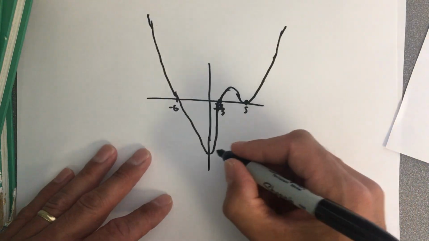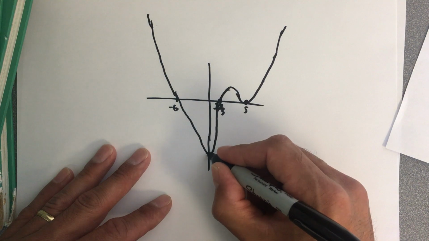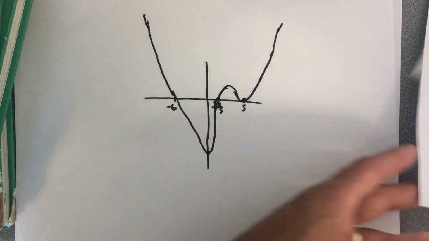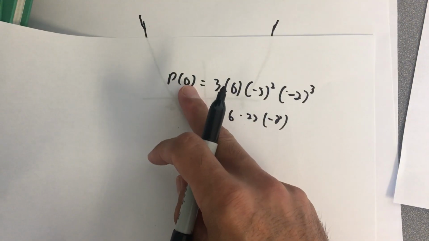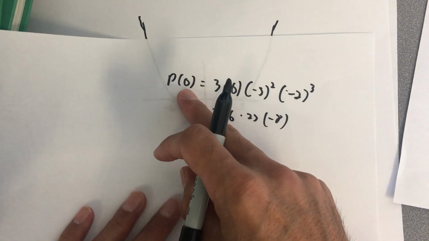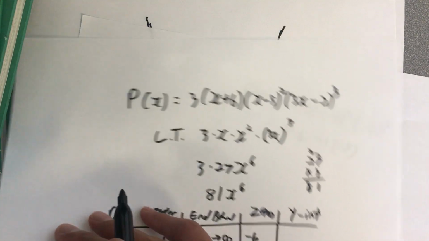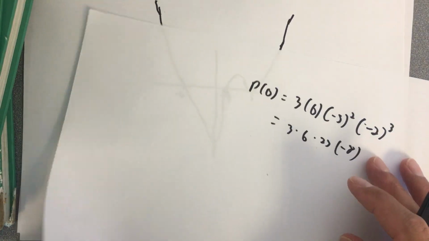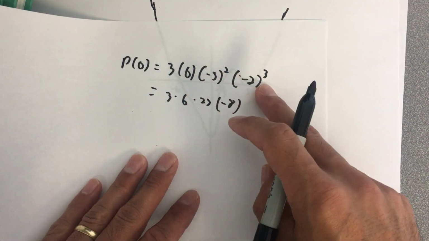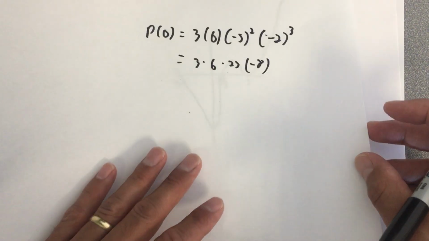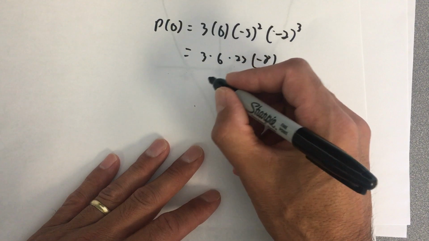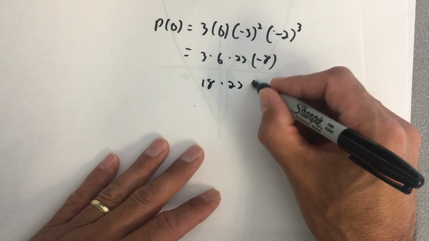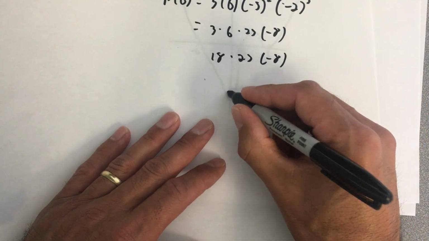If you want to stick around, I'll do the arithmetic real quick to get the exact value of the y-intercept. Remember, the y-intercept is when our polynomial's x value is 0. So I put 0 into this polynomial. I replaced every x with a 0, which gives us this. And then we just got to do a little bit of arithmetic here. So 3 times 6 is 18, so that's 18 times 25 times negative 8.